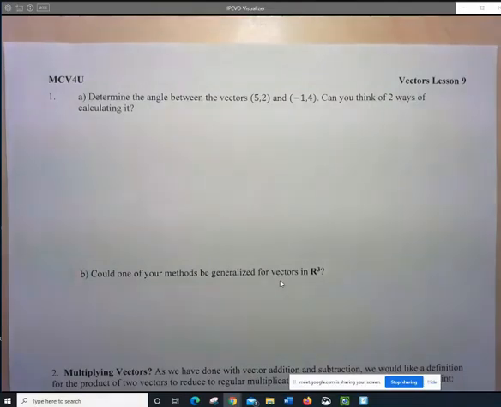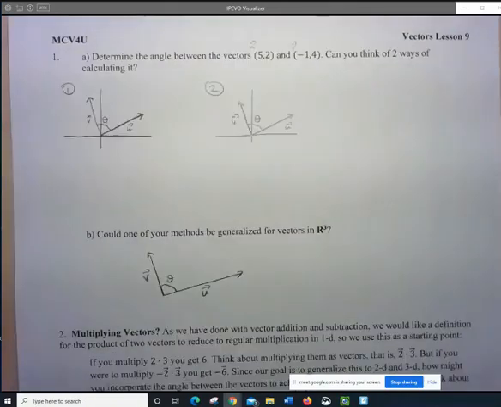Hopefully that'll give us some inspiration to determine a better, or at least simpler, way of doing that. I'm going to give you maybe 3-4 minutes to come up with those 2 ways for vectors in 2 dimensions, and then see if one of those, or maybe even both, could be upgraded to R3. All right, so I'll give you 3 minutes for that.